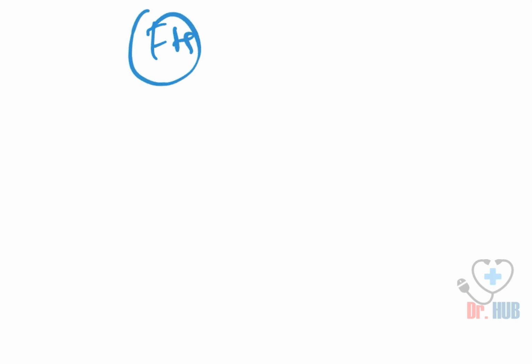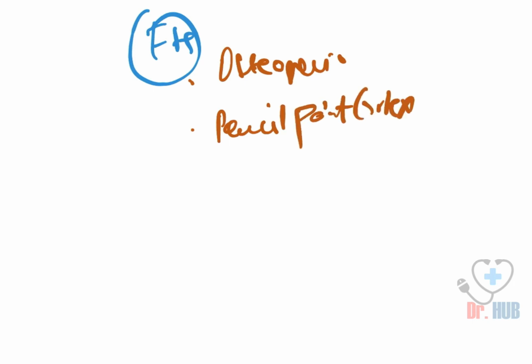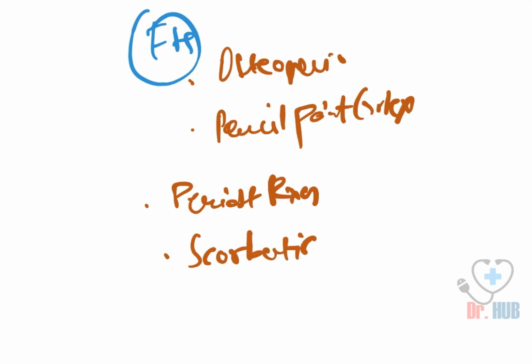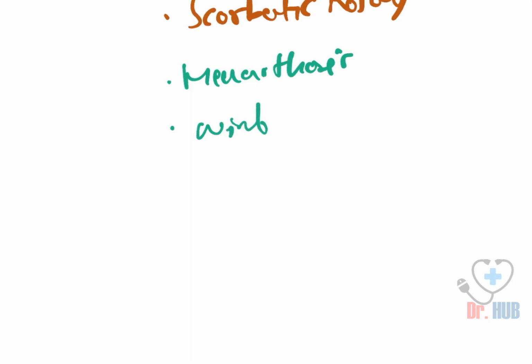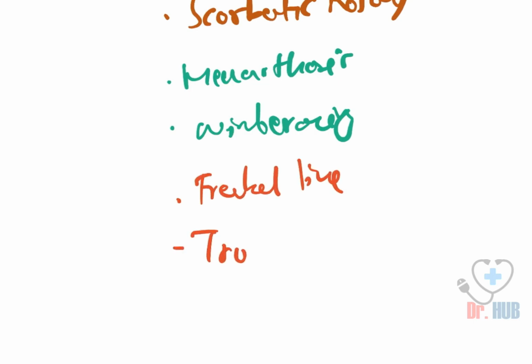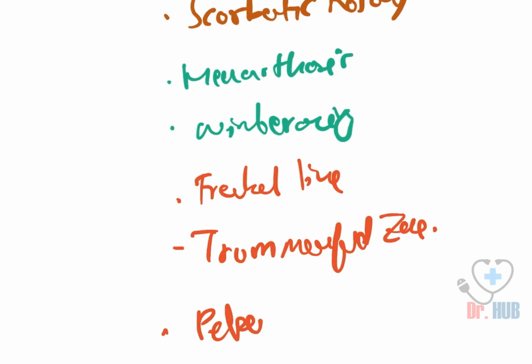Just to name them as headings, there is generalized osteopenia, the presence of the pencil point cortex, then there is also the periosteal reaction, the scorbutic rosary, hemarthrosis, the Wimberger's ring, the Frenkel's line, the Trummerfeld zone, as well as the Pelkin spur.